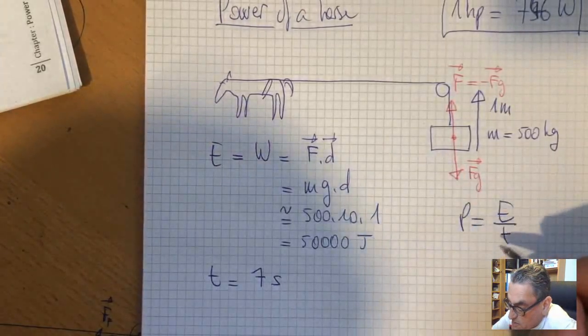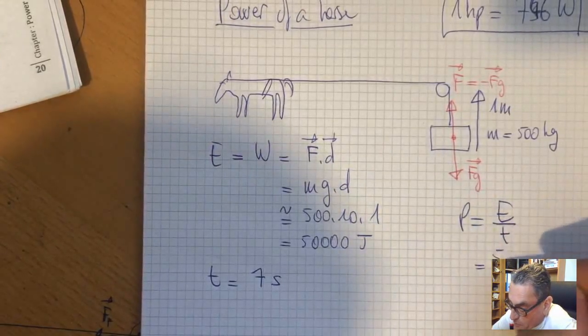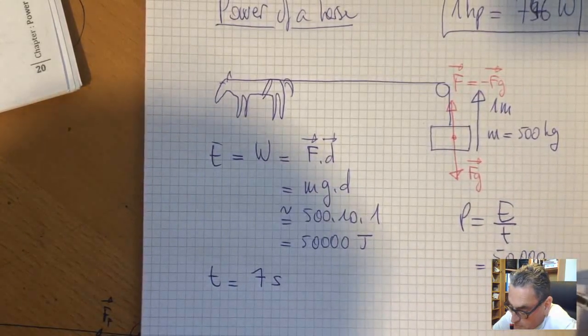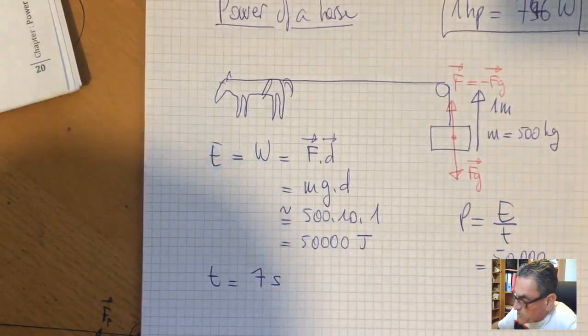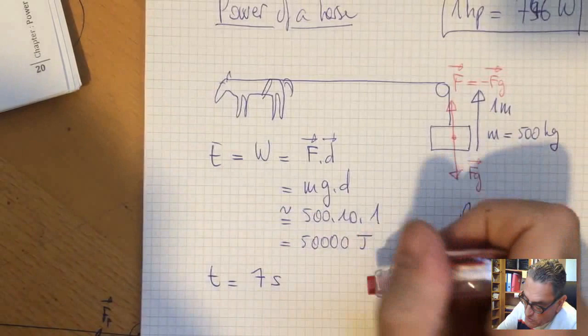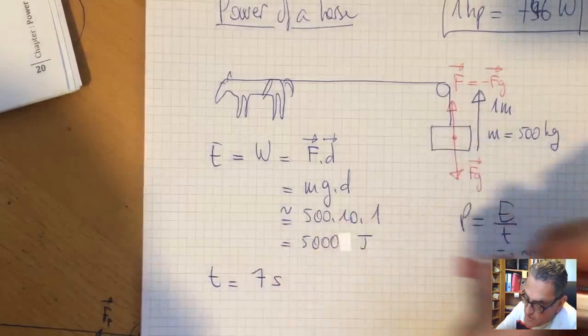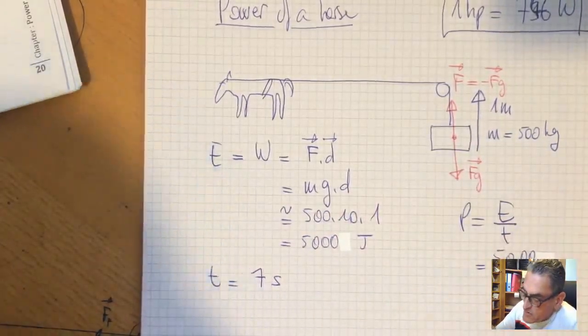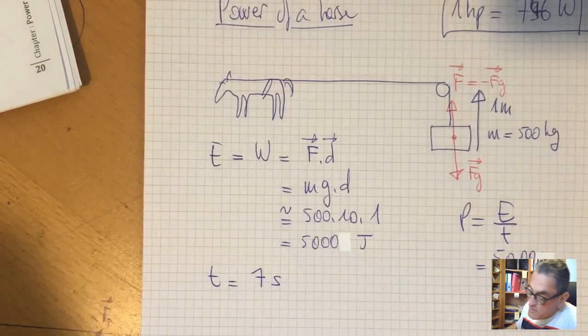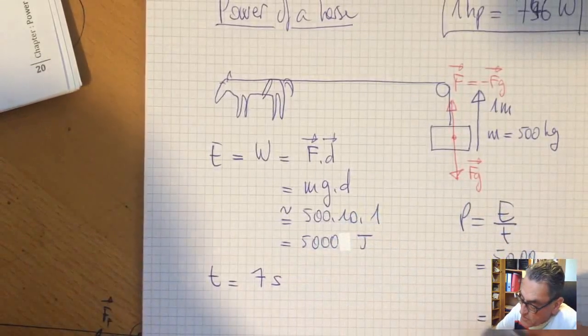this gives us what? This gives us a power of 50,000 joules. Sorry, I made a mistake. 500 times 10 is 5,000, not 50,000. Okay? So here this is 5,000 divided by 7. 5,000 divided by 7 is 714. 714 watts.